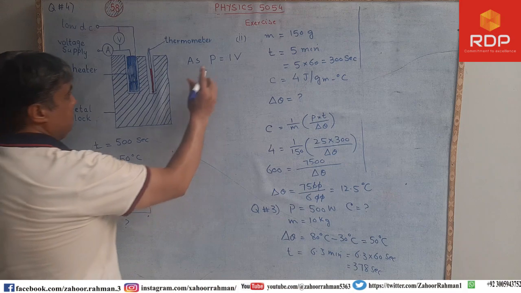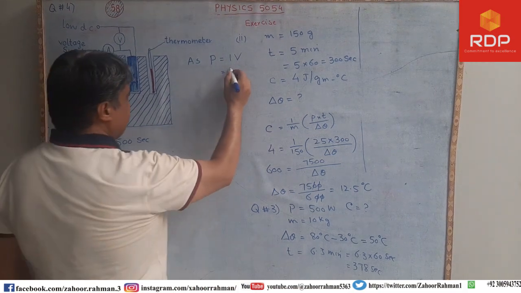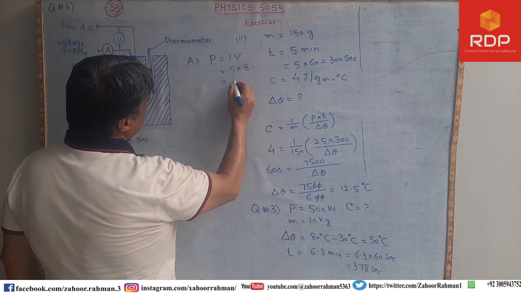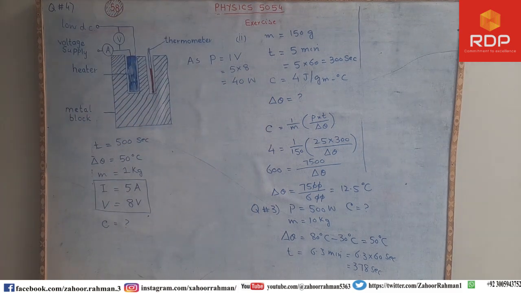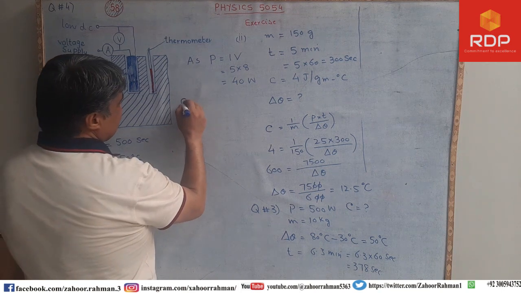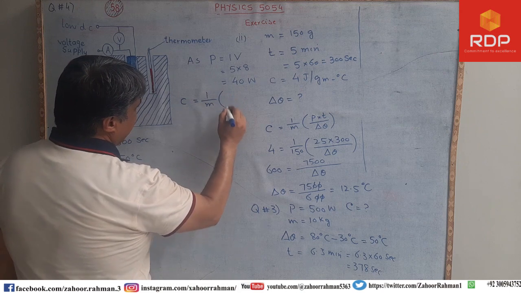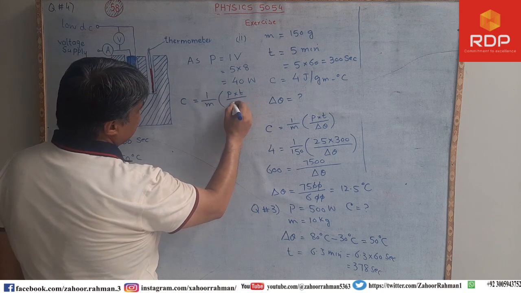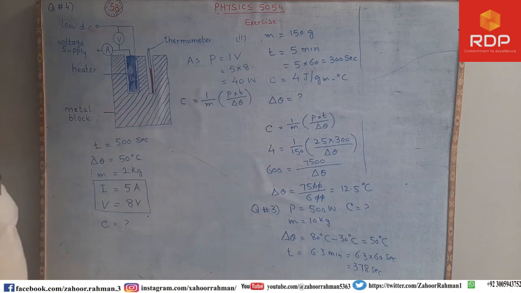So P is equal to IV and I is 5 and V is 8, so 40 watt is the power. We can find it from here. Then we are saying that c is equal to m p cross T, then delta theta.